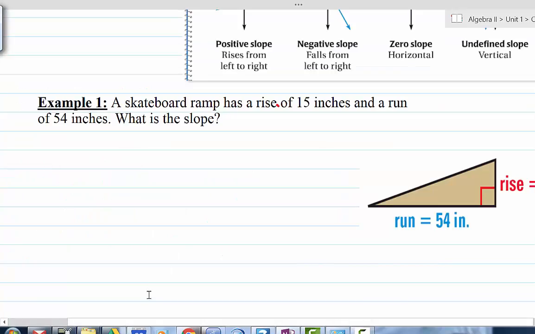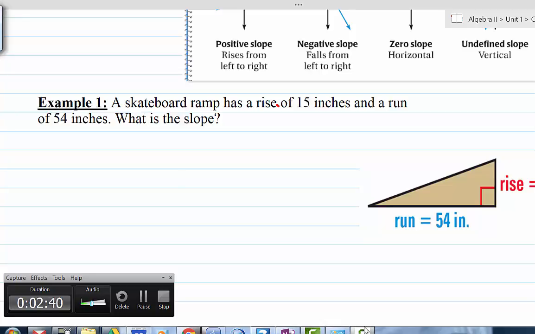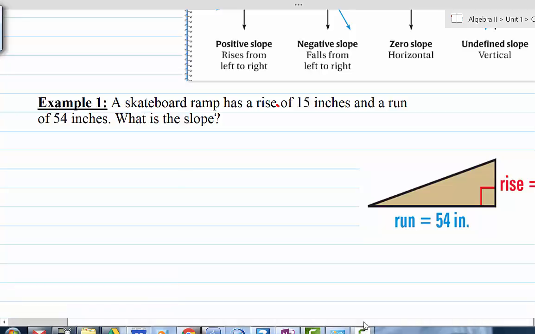Simple problem, we'll deal with the simple problem right now. And that simple problem that we'll deal with, this one right here: a skateboard ramp has a rise of 15 inches and a run of 54 inches. What is the slope? So basically it's rising 15 for every time it runs 54 inches, right? And they ask for the slope.